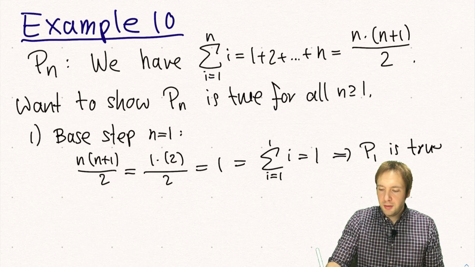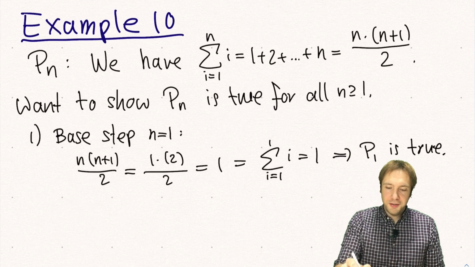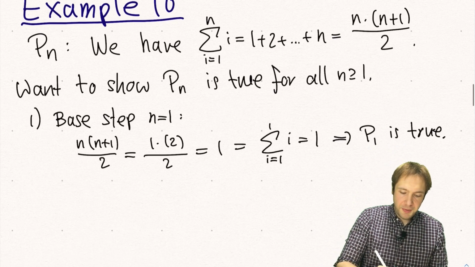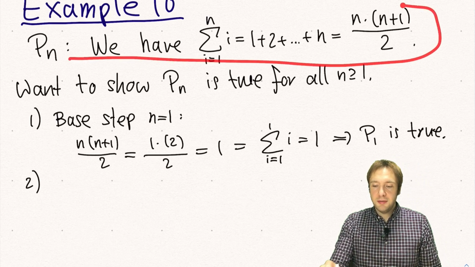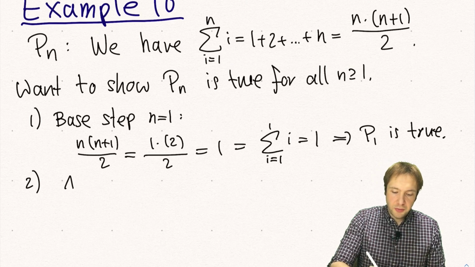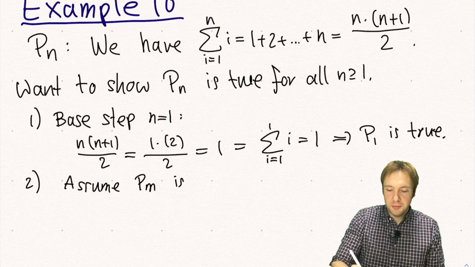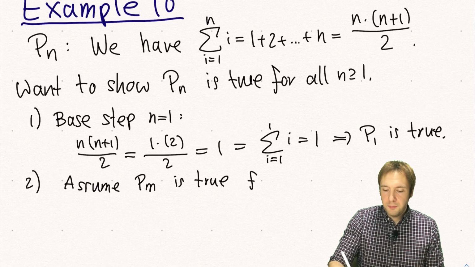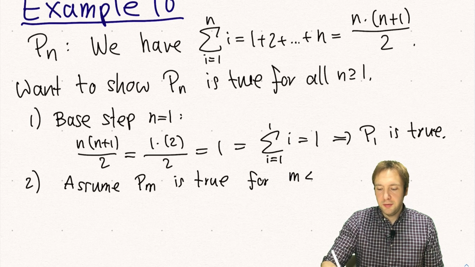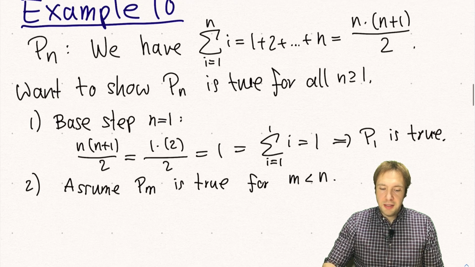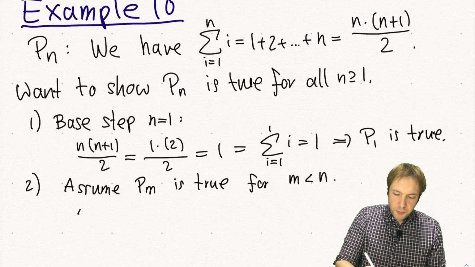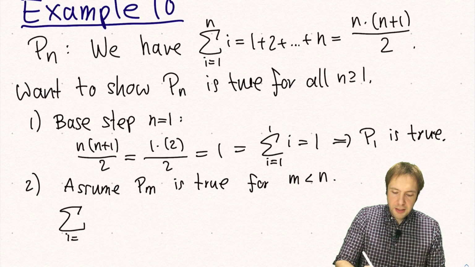Okay. And now, the induction step. So now we want to assume that this statement here is already true for, so assume Pm is true for all m strictly smaller than some n. And now we want to consider the statement Pn. So we want to see what is the sum from i goes from 1 to n of i.